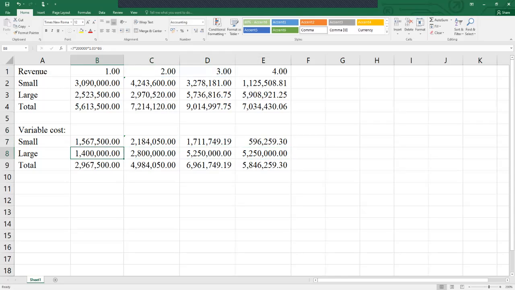For the large house, same thing. The number of units are 7. The variable cost is 200. The inflation is 4.5%. For year 2, the same thing, and adjust to 200. The variable cost inflation is equal to 4.5.